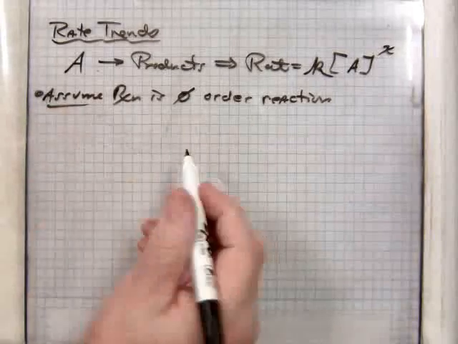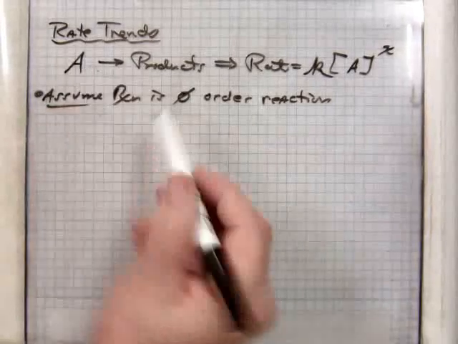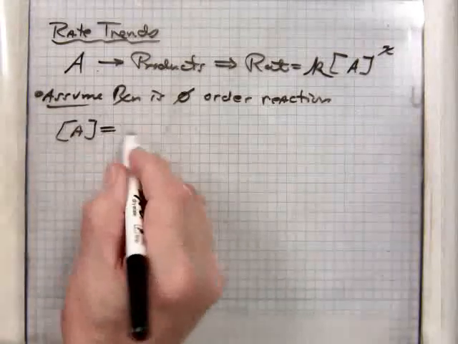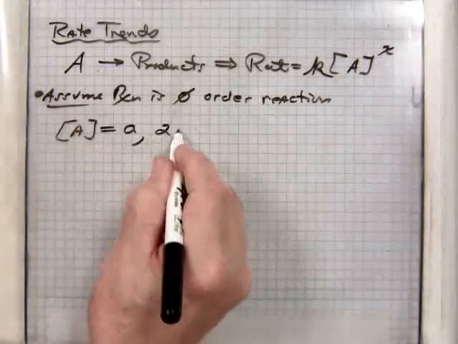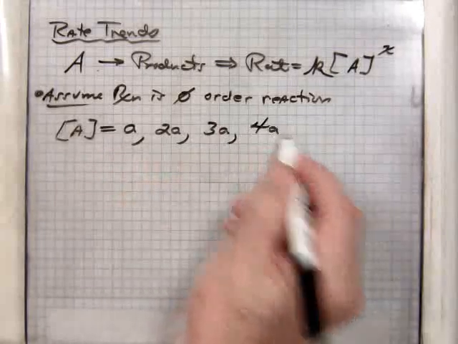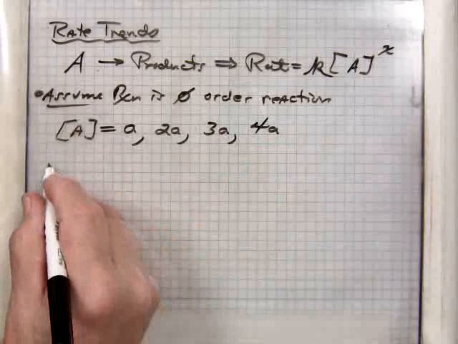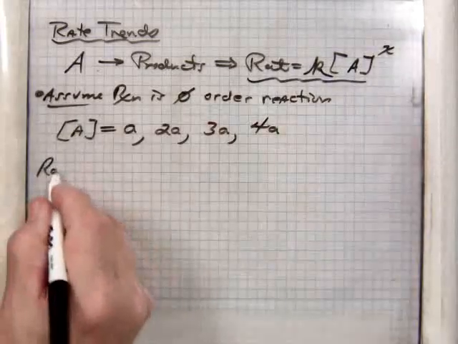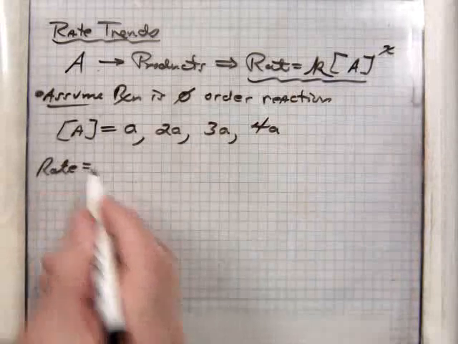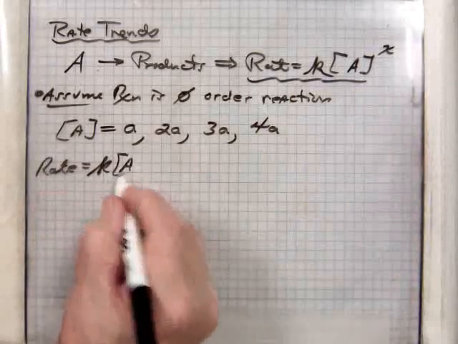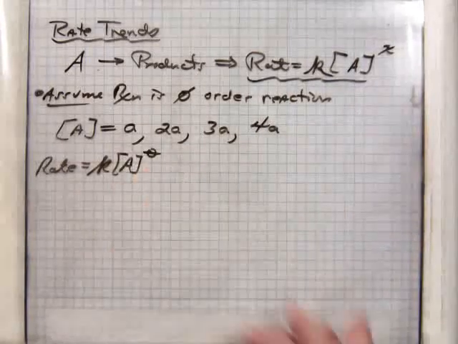What that means is for my concentrations A, I'm going to select A, and then I'm going to double that concentration, triple the concentration, and go 4 times the concentration. For the reaction that I'm going to run, rate equals Ka to the 0 power.